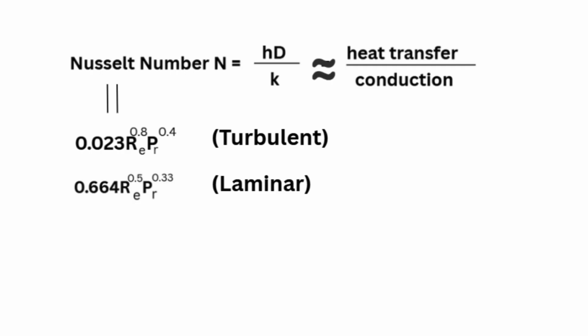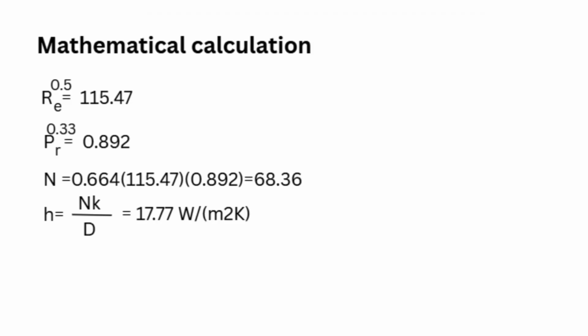If you look at the equation properly, you will notice we already have all the values except for h. We will use this formula to calculate the value of h. From this we will calculate the actual heat transfer. So before you go to the calculation, you already have all the formulas. Now applying the calculation, you will get this answer exactly.